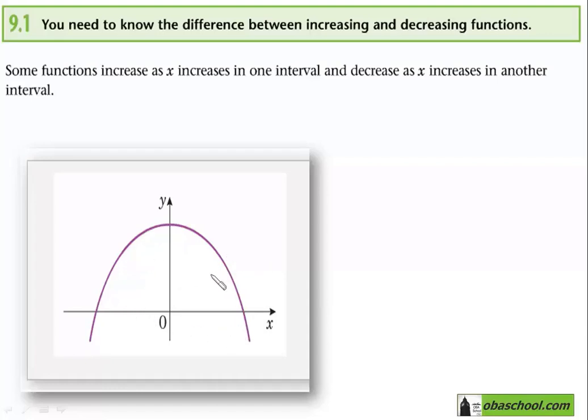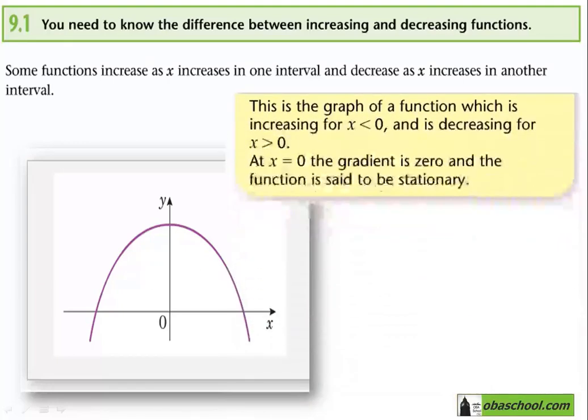We cannot say it is increasing or decreasing. This is the graph of a function which is increasing for x less than 0 and is decreasing for x greater than 0. At x equals 0, the gradient is 0 and the function is said to be stationary. So it reaches a point where, for example, this is the maximum for it. So this is stationary and then it goes down.